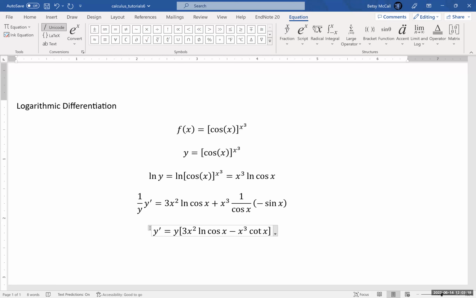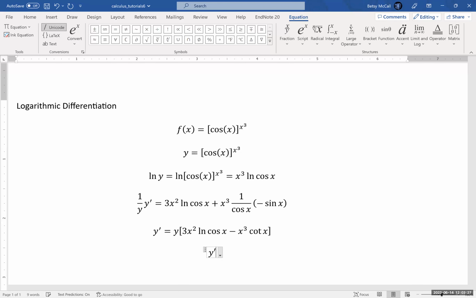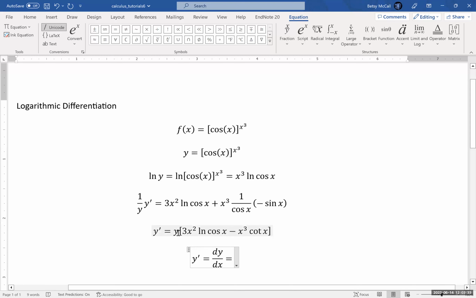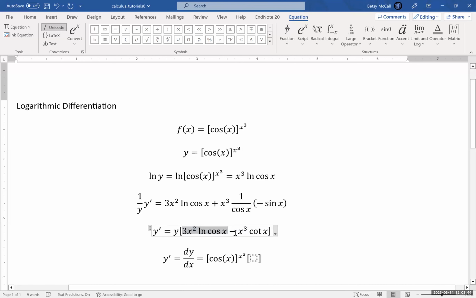And then our function was originally in terms of x, and so our derivative needs to be entirely in terms of x. We can't leave the derivative in this present form. And so we're going to replace y with the original function, which was this guy. And then we multiply by the expression that we got in parentheses.